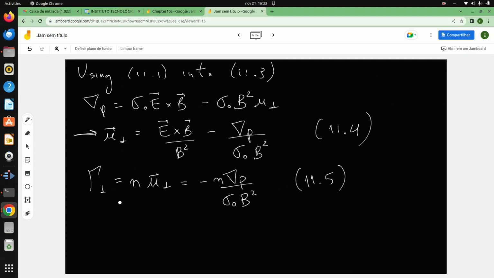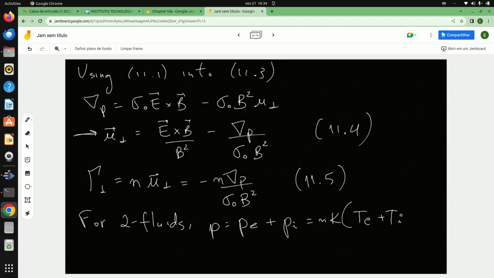This was defined after 8.15, so yeah, gamma is n times U. This is for one fluid. For two fluids, we have the pressure equal to Pe plus Pi, which is this for constant temperature.